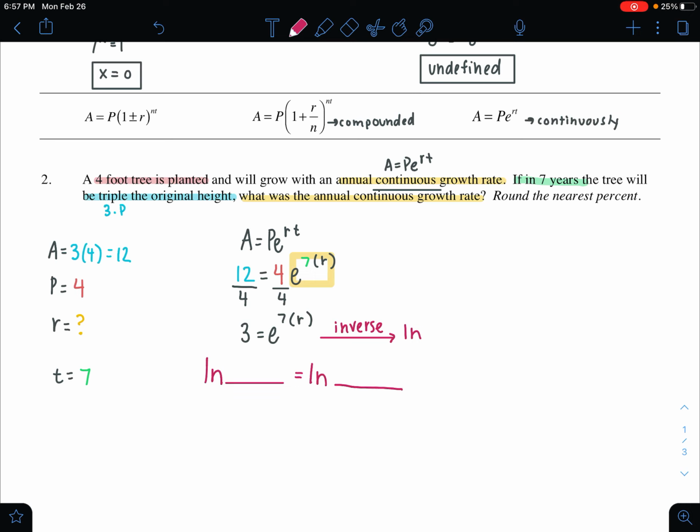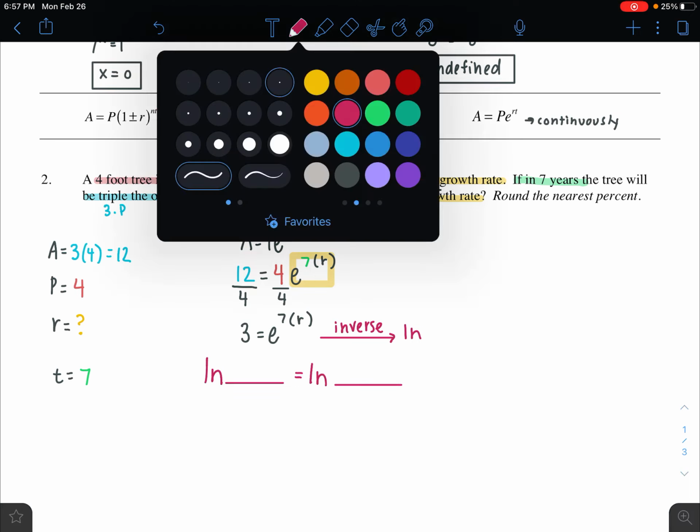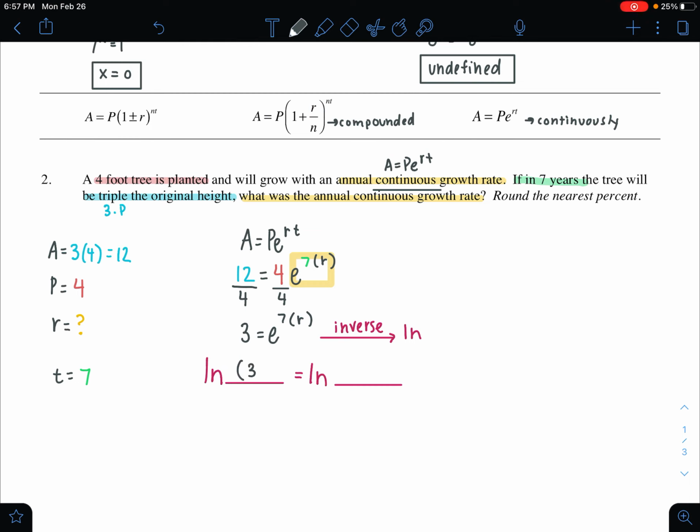Notice where I'm placing the line. Natural log line. Everything from that side comes down, so 3. Everything from the right side comes down, so e to the power of 7 times r. There's no e to the power on the left-hand side, so the natural log of 3 remains the same.